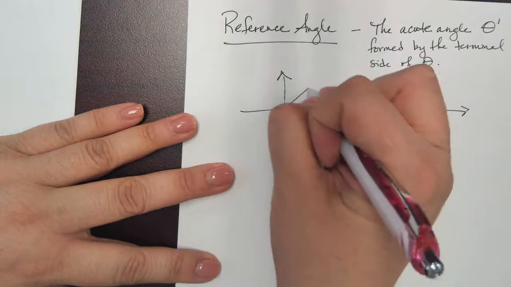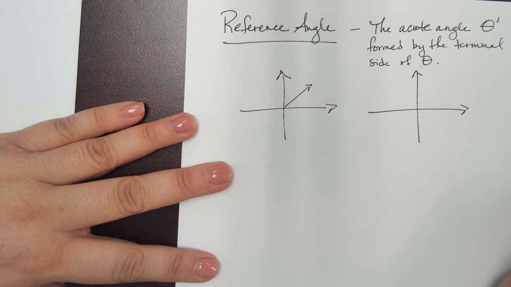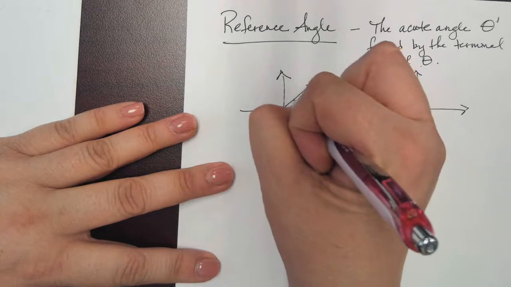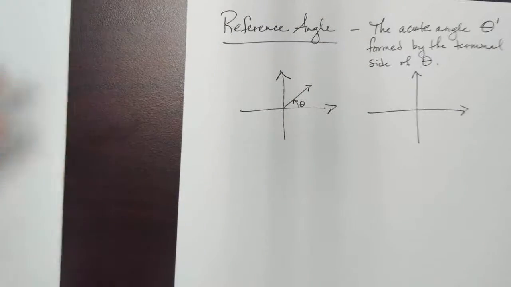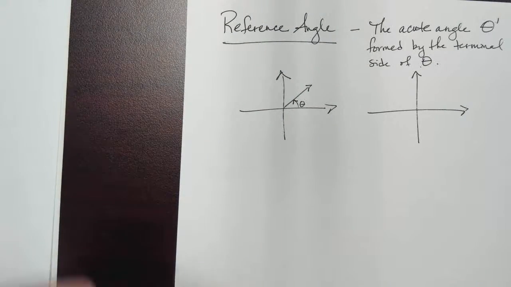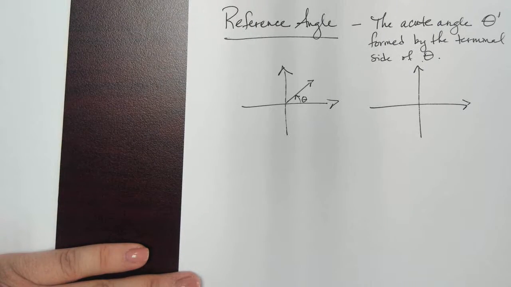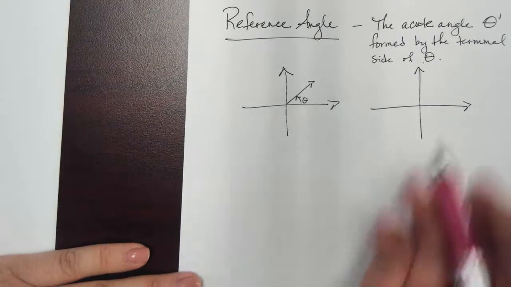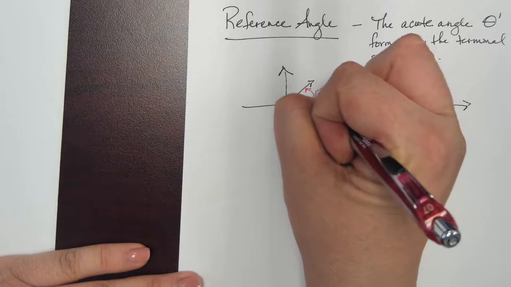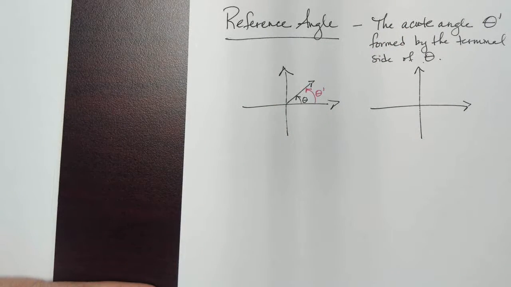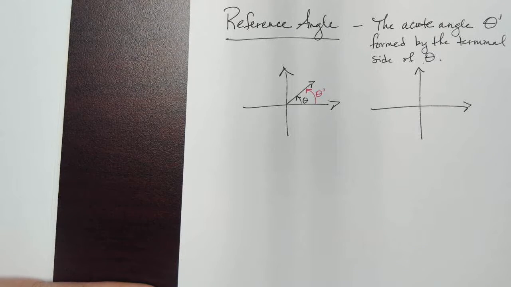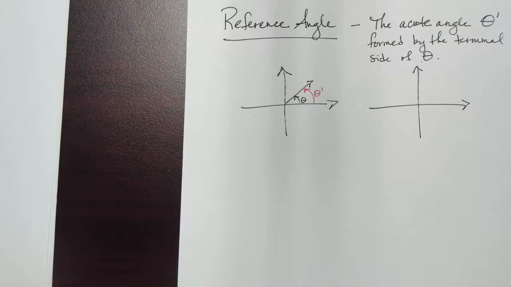So if I'm in quadrant 1, that's the easiest one. This is theta. Theta prime is the acute angle formed by the terminal side of theta. It's the exact same angle. If I'm in quadrant 1, the reference angle is the exact same angle as theta.